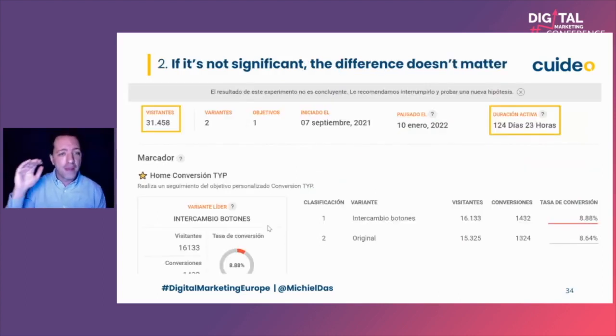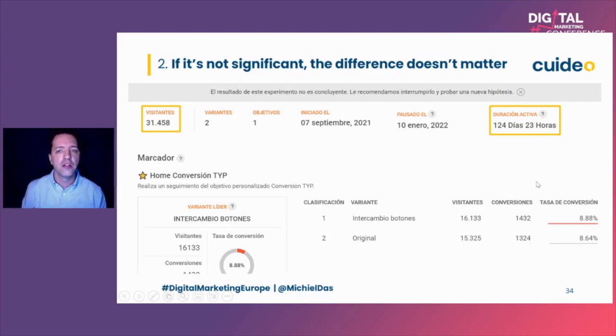As I said before, to do a good A/B test, it makes sense to have the test up and running for quite some time. Here on the screen, you can see a result. It's in Spanish because it's from a test we did, which ran for 124 days on the website, where we managed to get 31,000 visits and more than 1,300 and 1,400 conversions between the two versions.